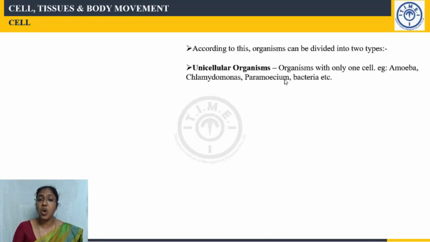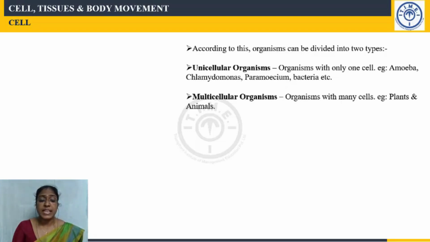These are all examples of unicellular organisms. Then multicellular organisms are organisms with many cells. Multi means many, so multicellular means many-celled organisms. Examples are plants and animals.